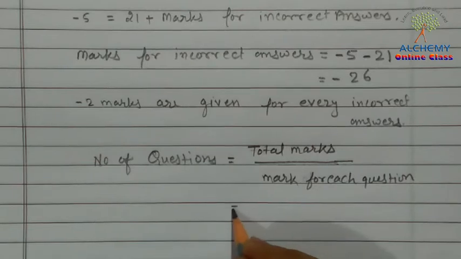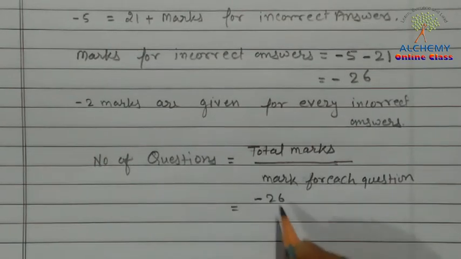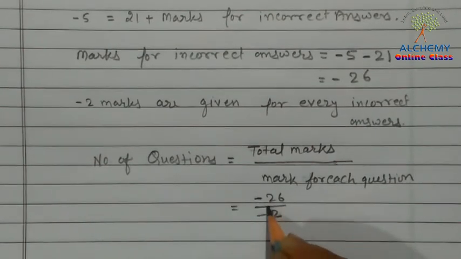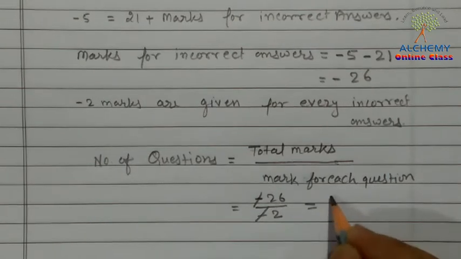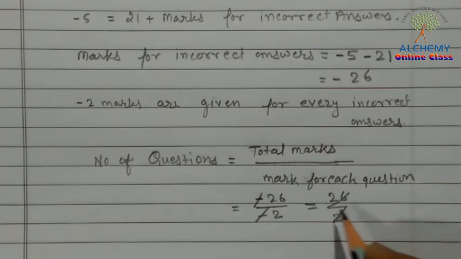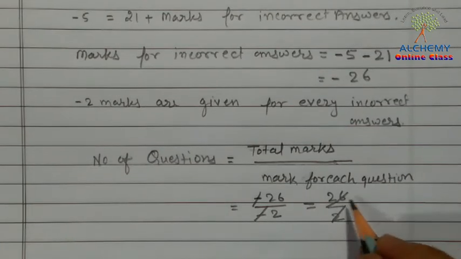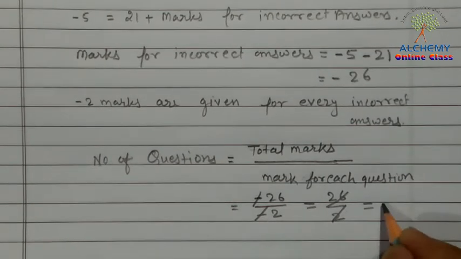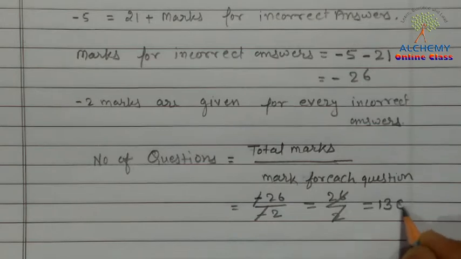So we can divide -26 upon -2, minus will be cancelled. We get here 26 upon 2, and 26 will be divided by 2 and we get here 13 questions.